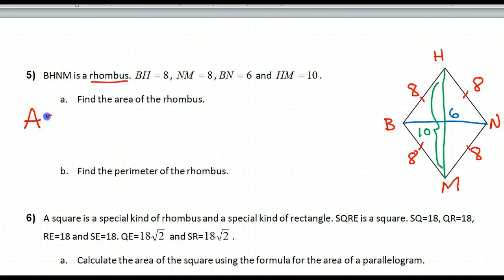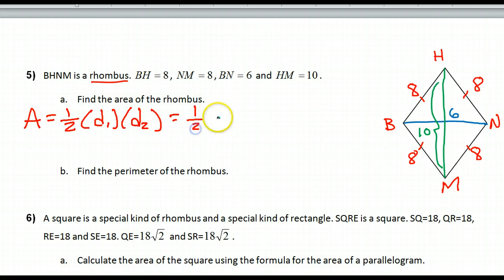But there's another formula for the area of a rhombus that we can use. And that formula is the area is 1/2 diagonal times diagonal. Again, it's similar to 1/2 base times height, but instead of base times height, it's diagonal times diagonal. So that's going to be 1/2 times 10 times 6.